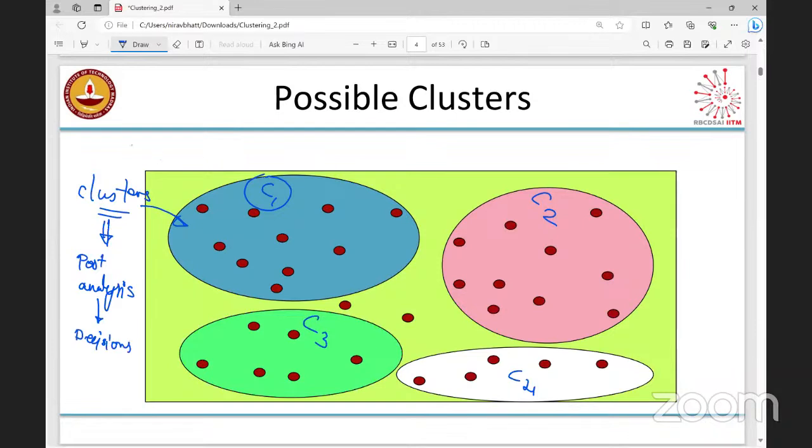Remember that I started with just a set of data points with features. Then I grouped them based on some methods. Once I have these groups, I analyze each group and try to figure out if there are patterns among them that I can exploit to make decisions.